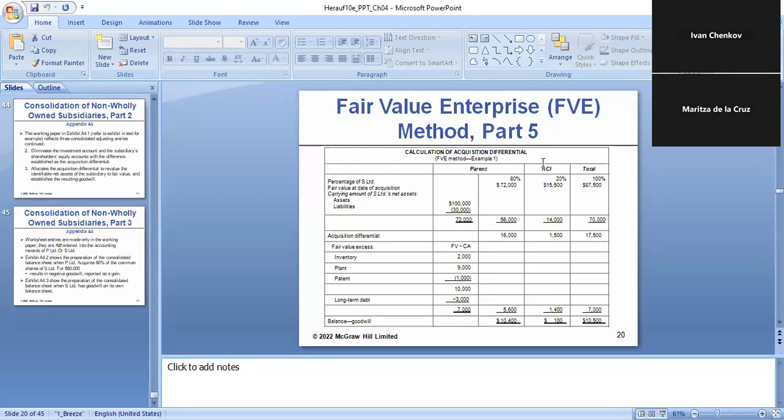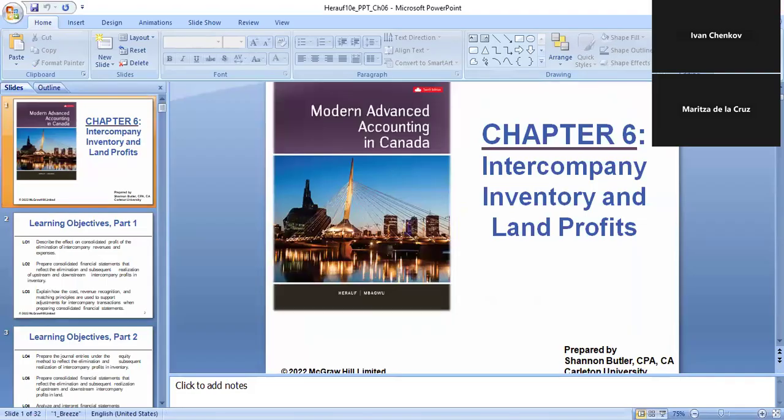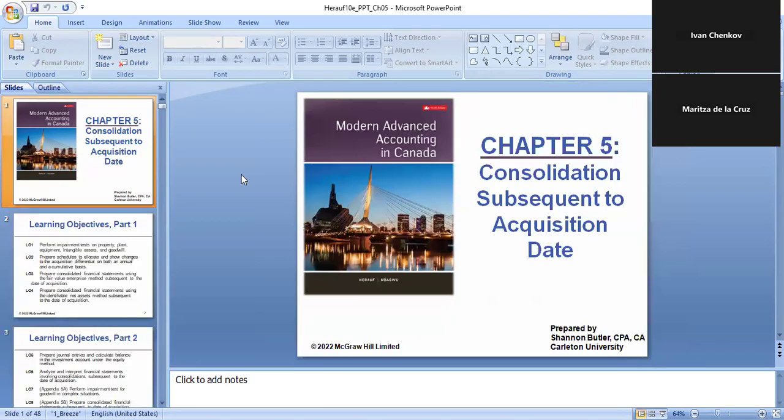Now, that's on the date of the acquisition. The next thing, in chapter 5 or last time, we take a look at what happened with the company at the first year of operation after the acquisition.